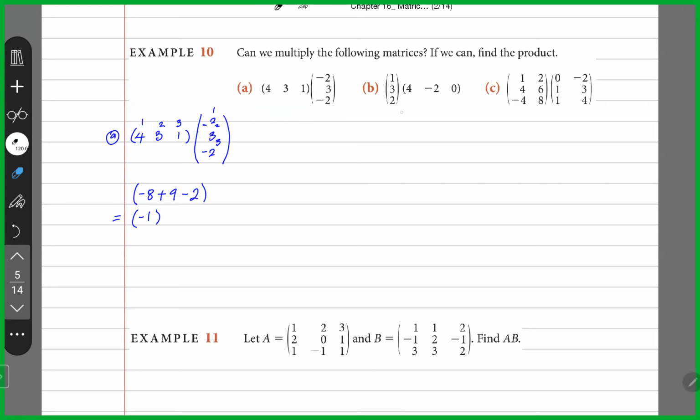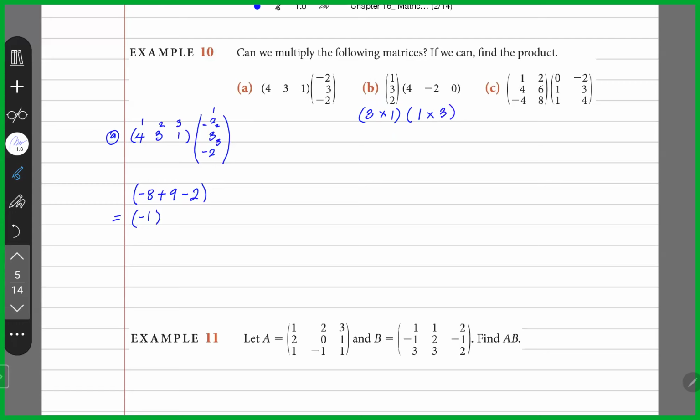In B, we have a 3 by 1 matrix, and we are multiplying it by a 1 by 3 matrix.